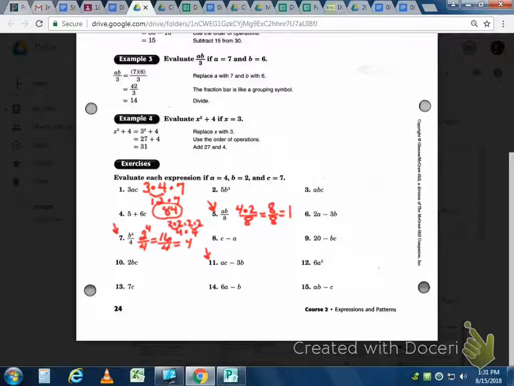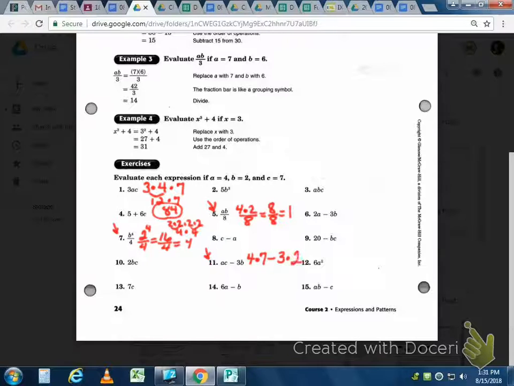Number 11, AC minus 3B. Who would like to try this one? Mason. Okay. So you just said A was a 4, and then the C was 7. So 4 times 7, 28. Well, let's write the whole problem first. 4 times 7 minus what? 3 times 2.